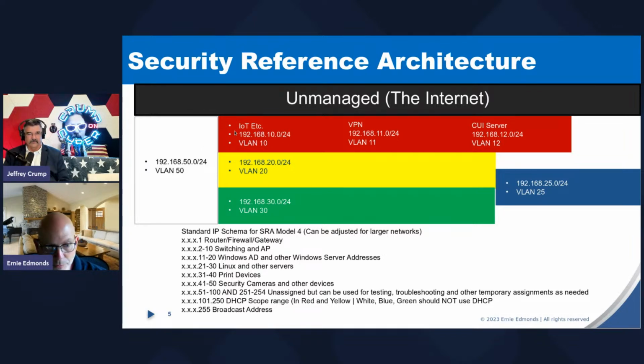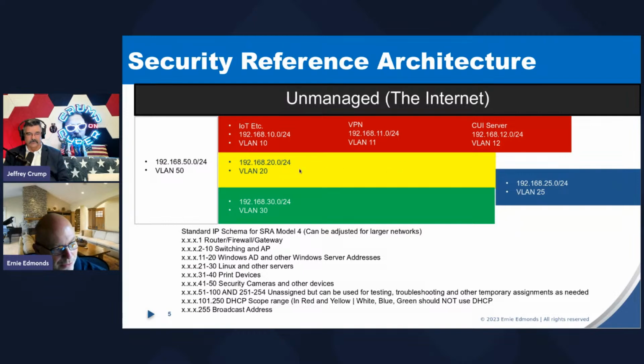Those ports are blocked going to the interface. So they can get over here, but it's going to be very hard for them to get into white. And then if they could get into white, well, they still have to compromise my Windows or whatever directory services that I'm using over here. So it takes multiple independent breaches of security in order to get to green, which is where my high value stuff is stored.